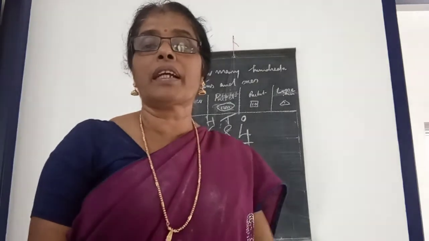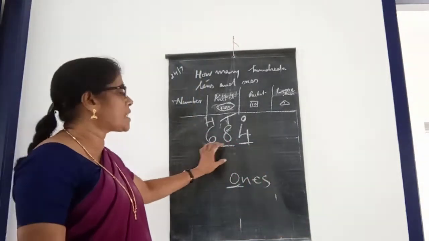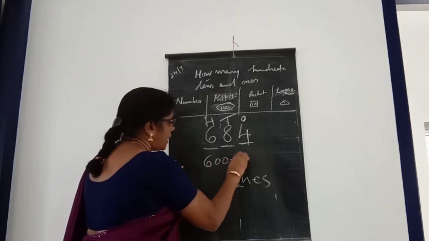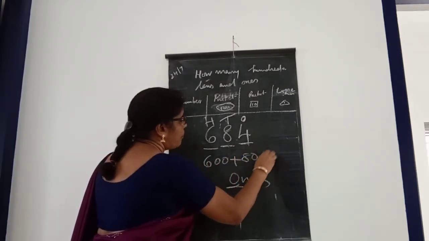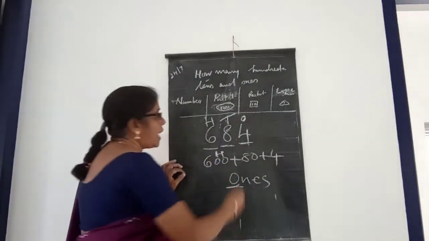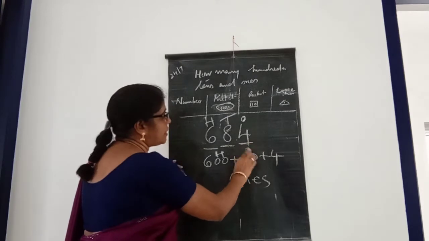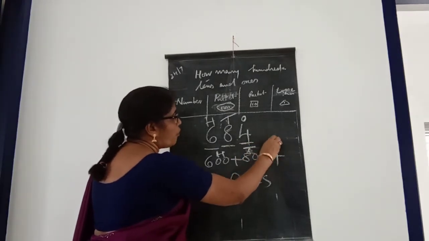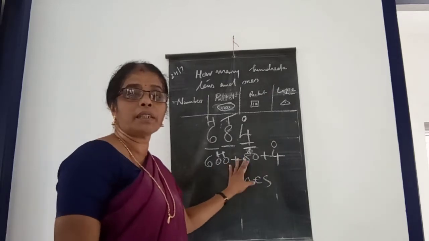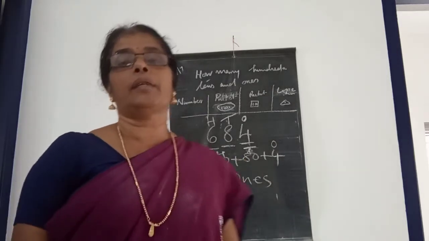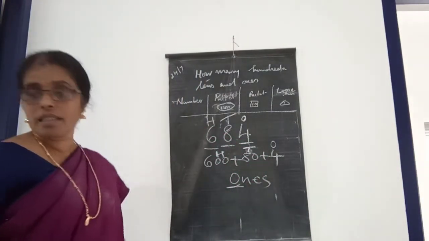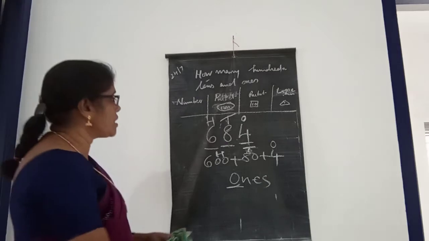So 684 is 600 plus 80 plus 4. 600 is hundreds, 80 is tens, and 4 is ones. 600 plus 80 is 680, plus 4 is 684, isn't it? So that is the hundreds, tens, and ones place. Okay.